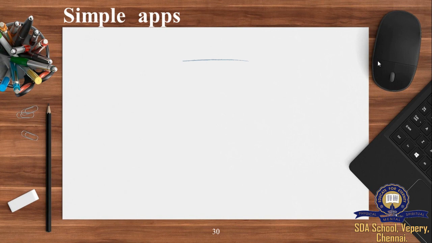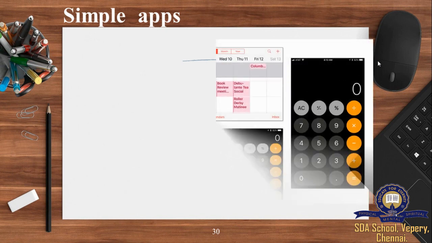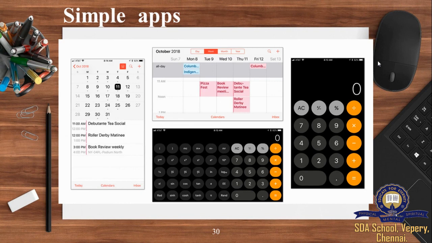In any type of operating system, these are all default. Weather, calendar, calculator. These types of applications are very essential for us and are also common in all types of operating systems.